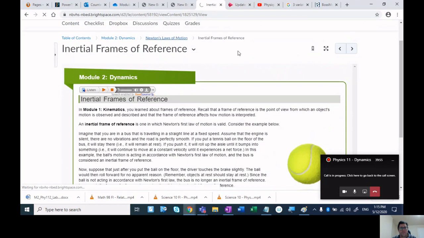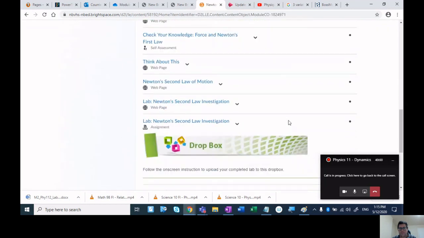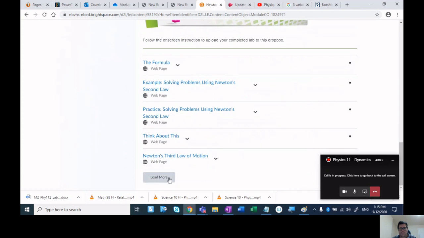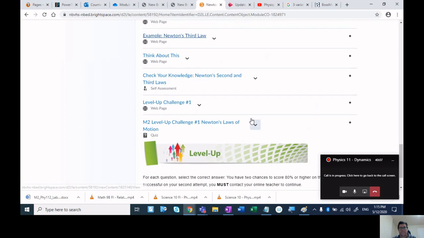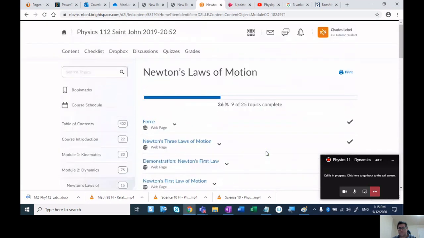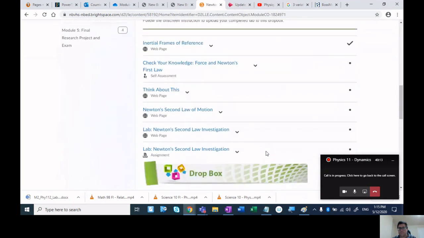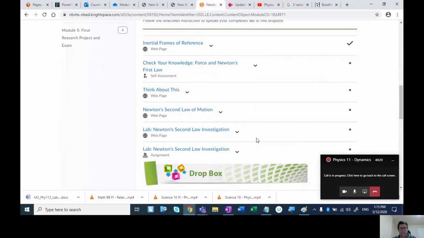Newton's laws of motion. Okay, so we're almost there. I think we're going fast enough. I'll take a quick break and we'll come back to the other laws.